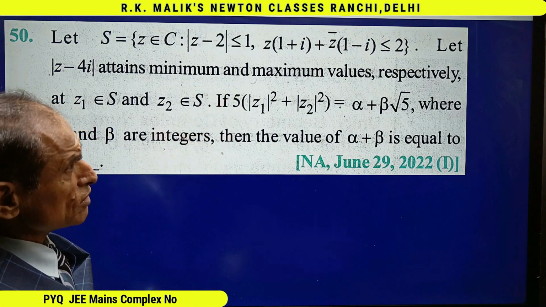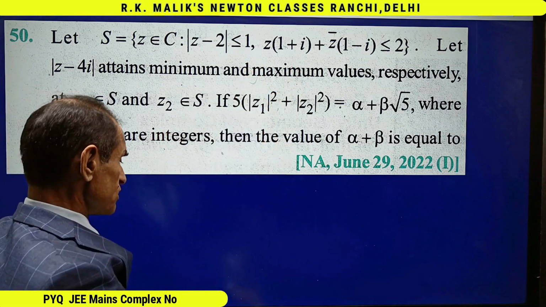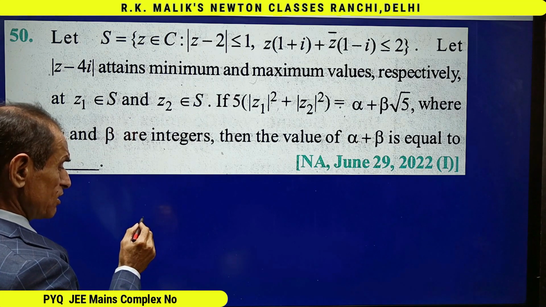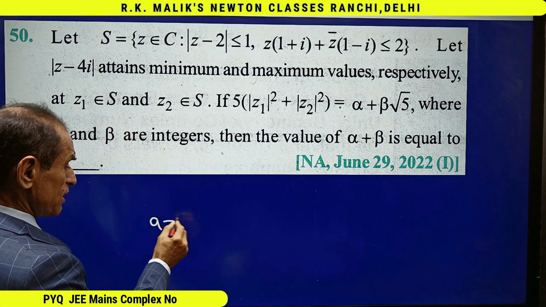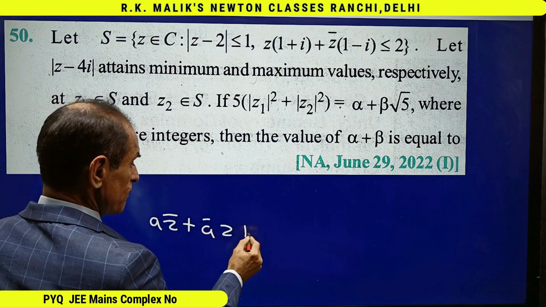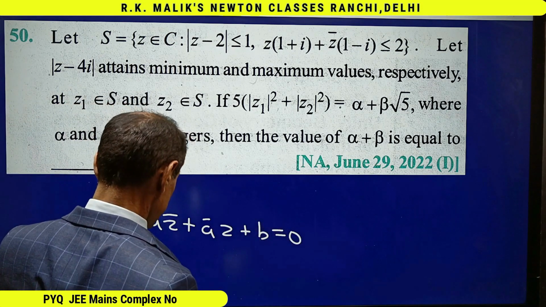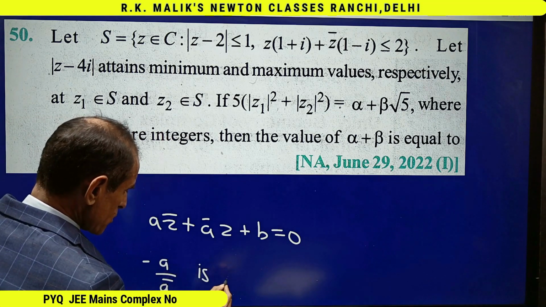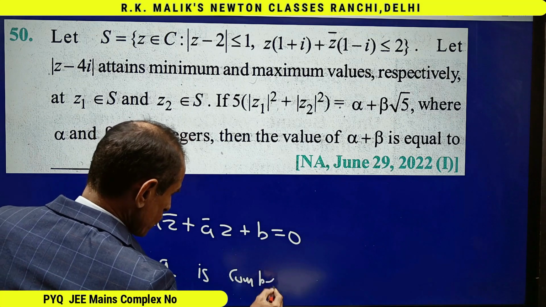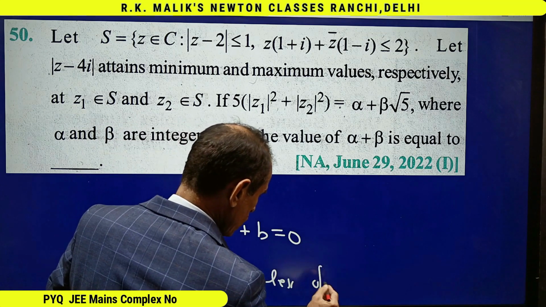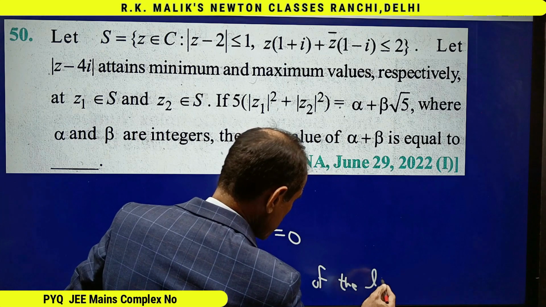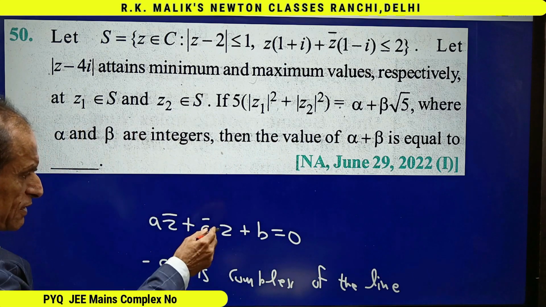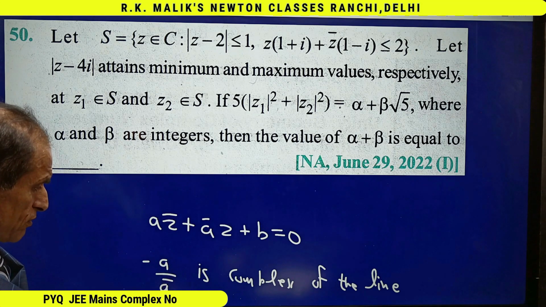And to draw the diagram of this, you must know that the general equation of a straight line in complex numbers is in the form a z bar plus a bar z plus b equal to 0, where minus a upon a bar is the complex slope of the line. Remember this thing. And in this case, b is a real number.